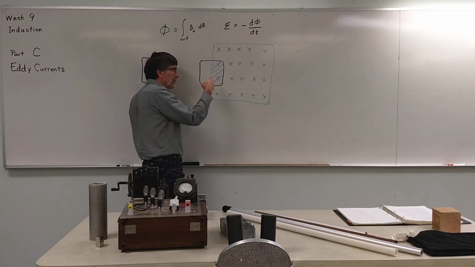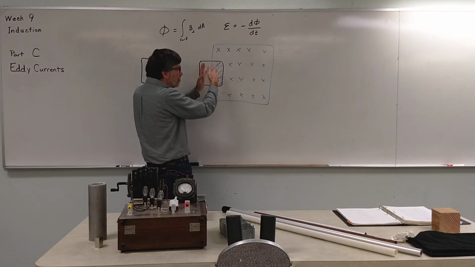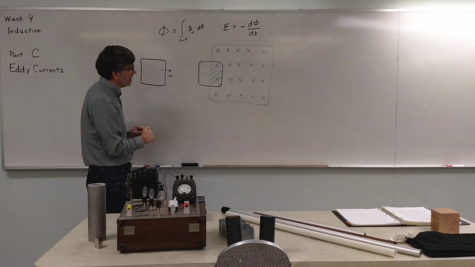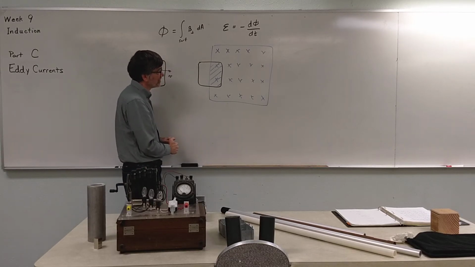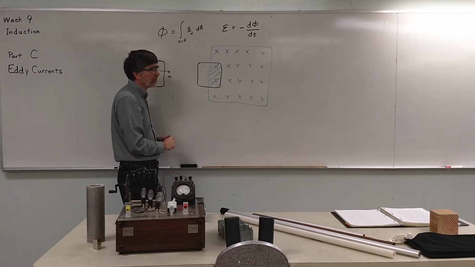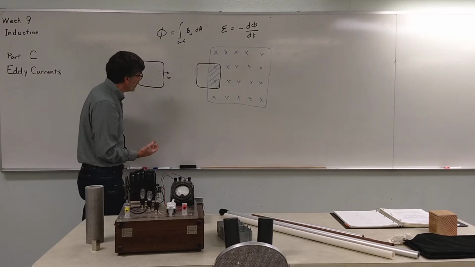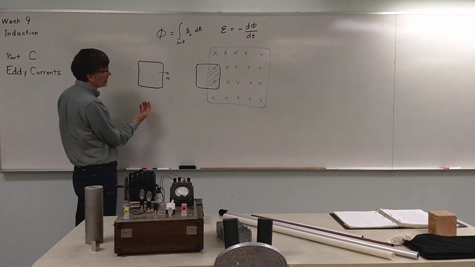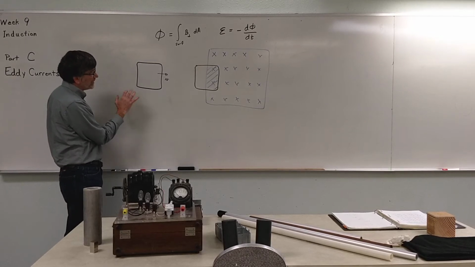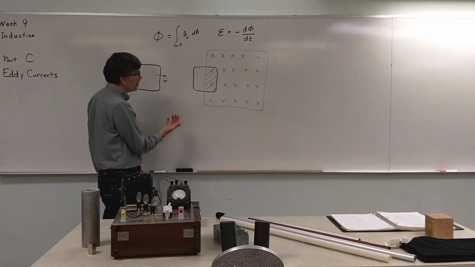So if there were flux lines going through here and we're getting more of them, then the current will go in the wire in such a direction as to oppose that increase. So if we're getting more of them going into the board, which way around does the current go to oppose that? Remember, you grab the wire with your thumb in the direction of the current, your fingers point in the direction of the field, and here we have to figure out, well, which way should the field be?